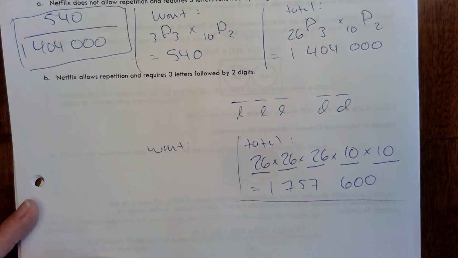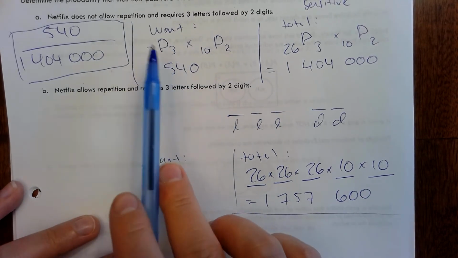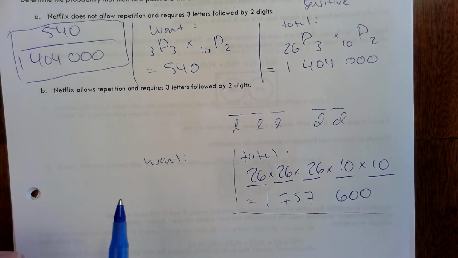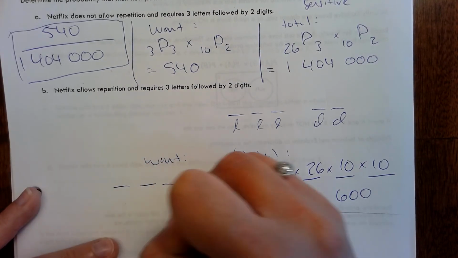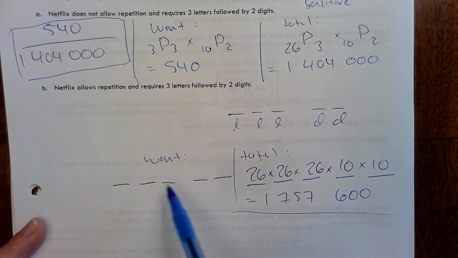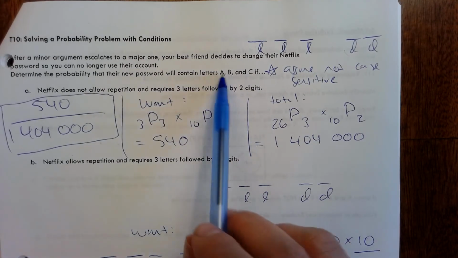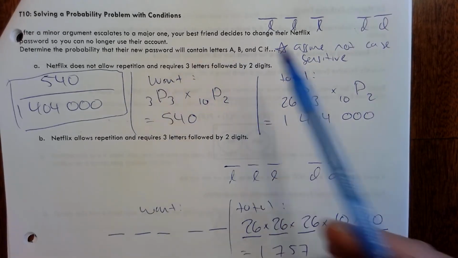Now for the favorite letters, I think it's going to be very similar, but maybe a tiny bit different. I'm hesitant to use permutations because they say we are allowed to use repetition. So I'm going to keep thinking about it like this. You have to use the letters A, B, and C. You can't have C, C, C because you want to have A and B in there as well.